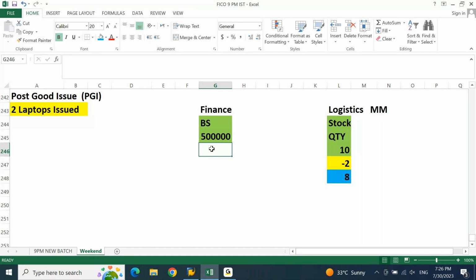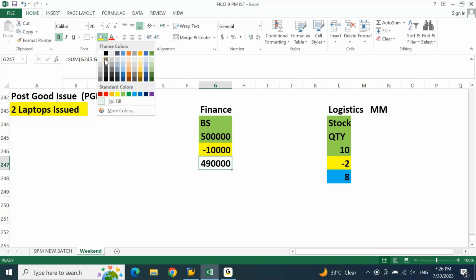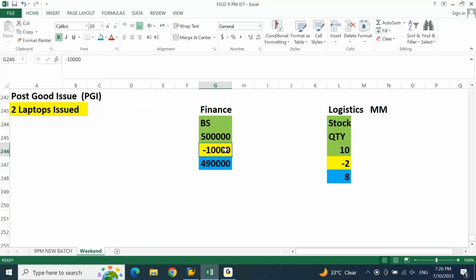So what will happen here? 2 multiplied by 50,000 is how much? 1 lakh? Because we were taking 50,000 each. So I will reduce 1 lakh from here. And in my balance sheet, now I am representing 4 lakhs. Is this clear?